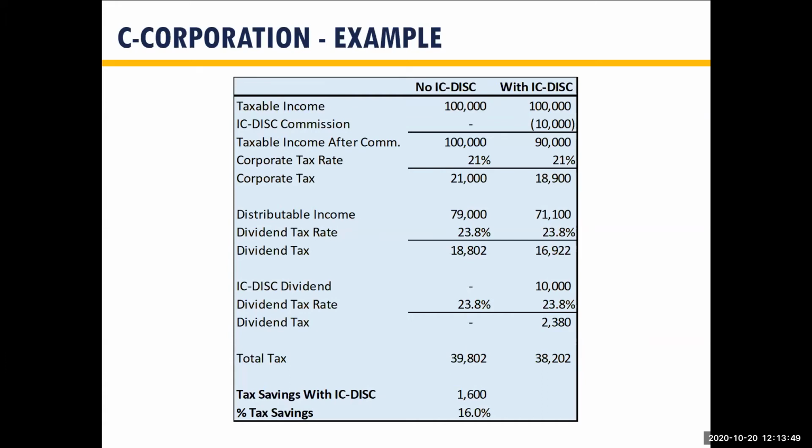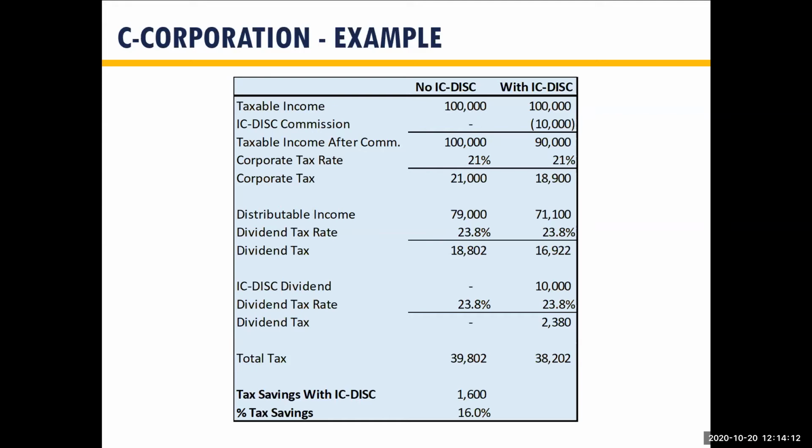And if we are to, again, put some numbers and illustrate this out, on the left side, we have no IC-DISC in our structure. So the corporation pays 21% income tax on the $100,000 of taxable income, and therefore is paying corporate tax of $21,000.